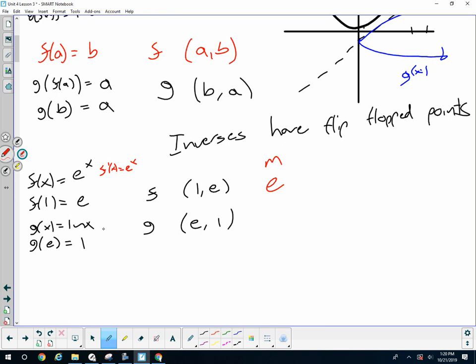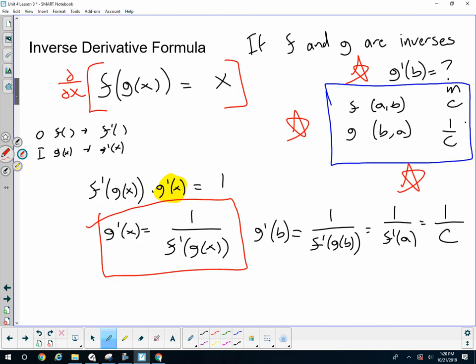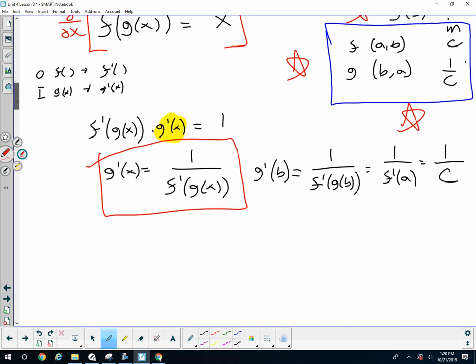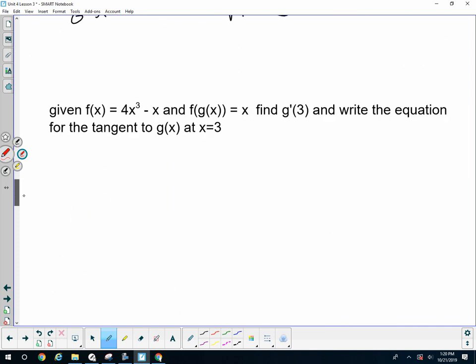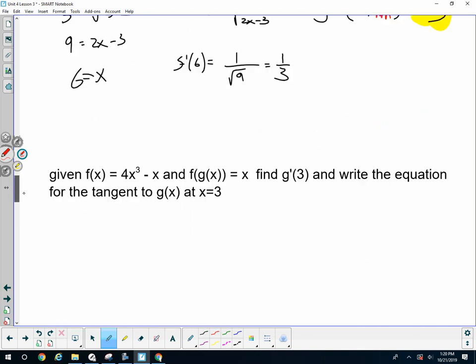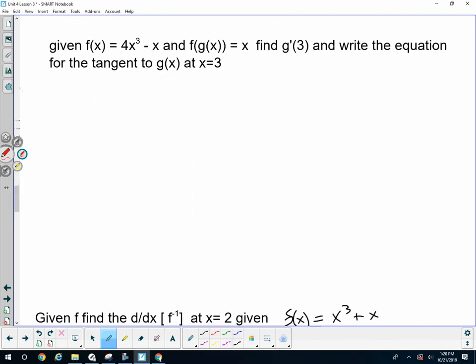Well, g prime of x is 1 over x. So if I plugged in e into g prime of x, I got 1 over e. See how the table works? We'll do the same thing with inverse trig derivatives eventually. Okay, cool. So that's all we're doing here for most of our problems.